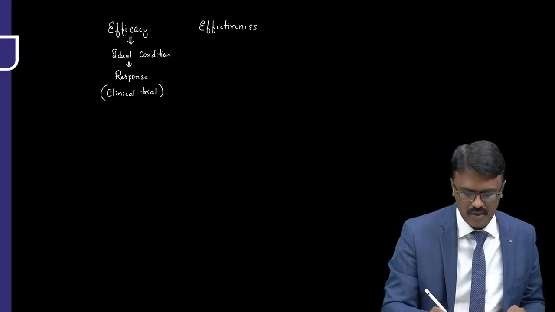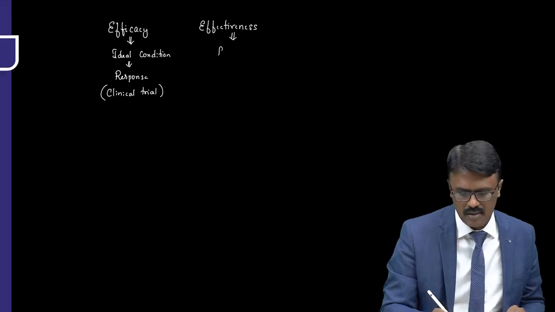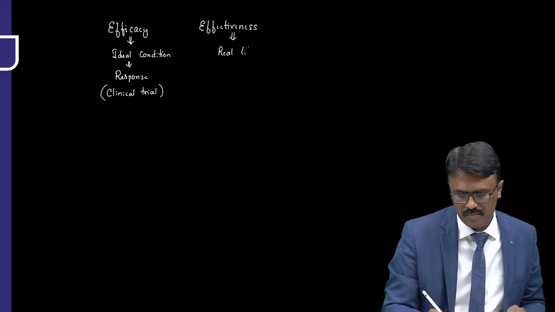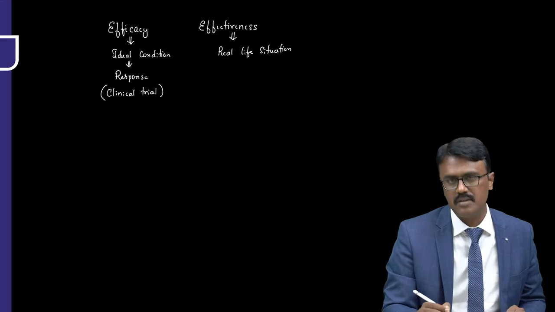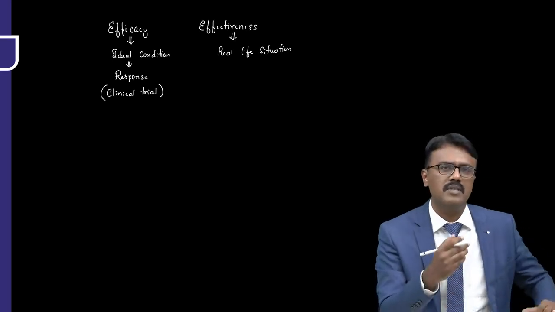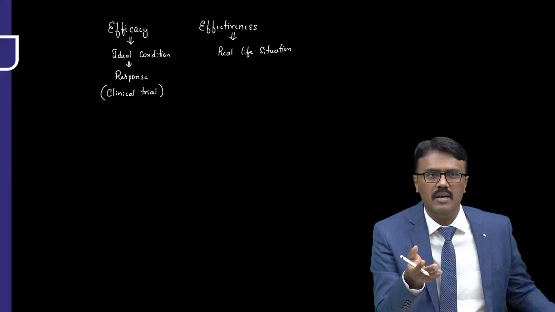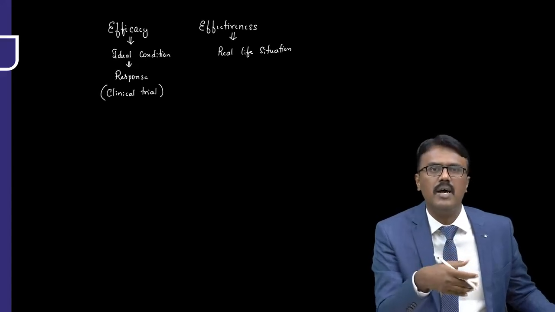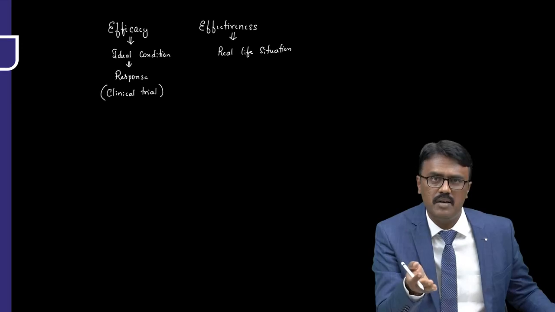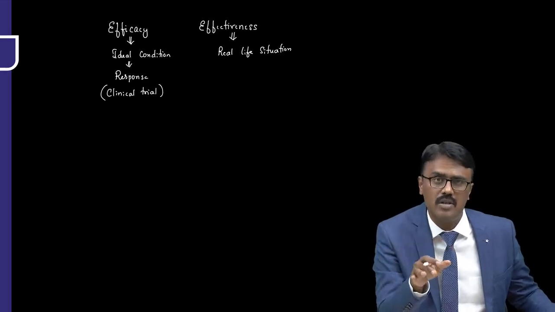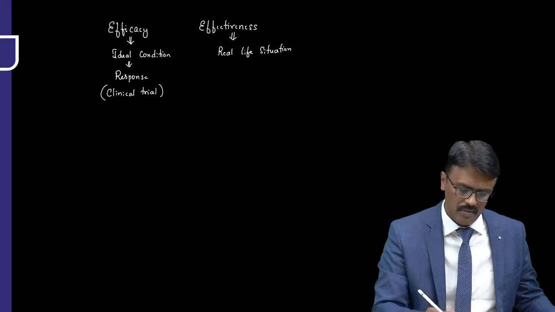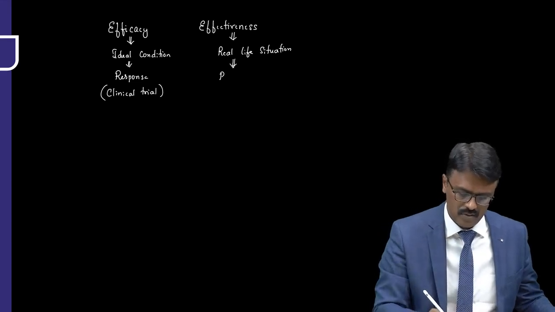What is effectiveness? It is seen in a real life situation. When I give a drug to a patient, for example, a drug for diabetes, the patient will not have only diabetes. He may have hypertension, he may have dyslipidemia, he may be taking other drugs also, there may be drug interactions also. Then we see a different response.